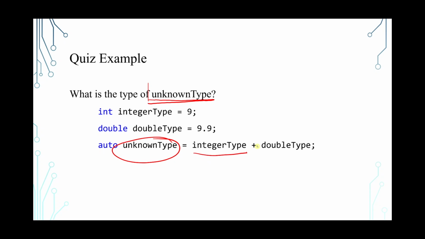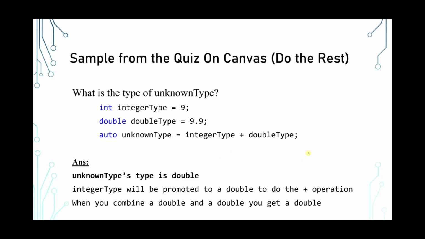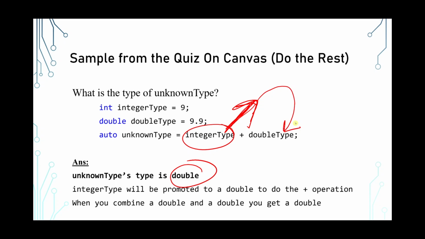That was integer type plus double type. So the result is definitely double, because double is more precise. This one gets promoted to double, and double plus double gets you double. Why is this one getting promoted? Because it is promoted to be more precise, right?